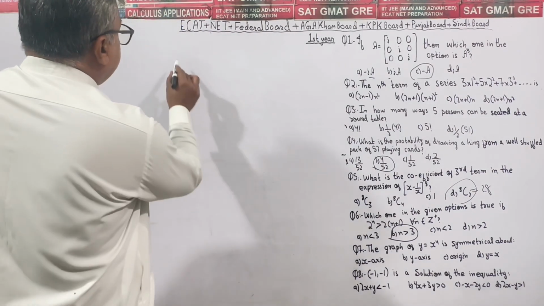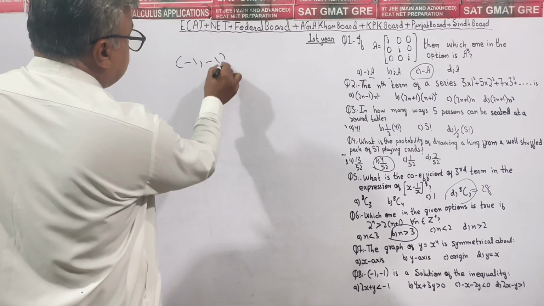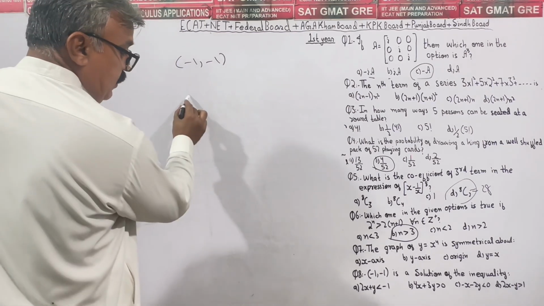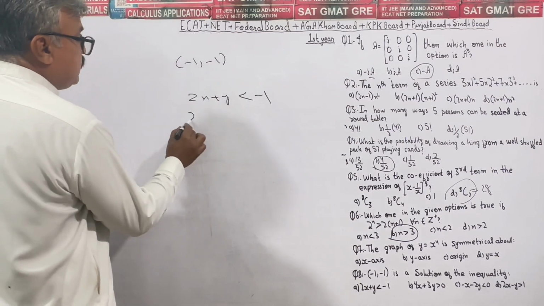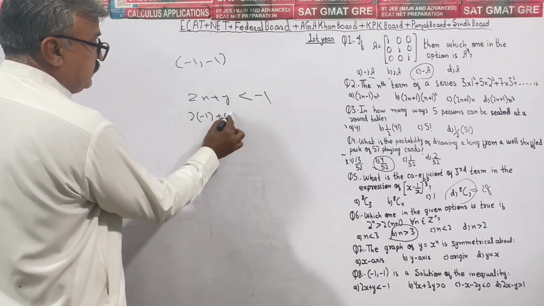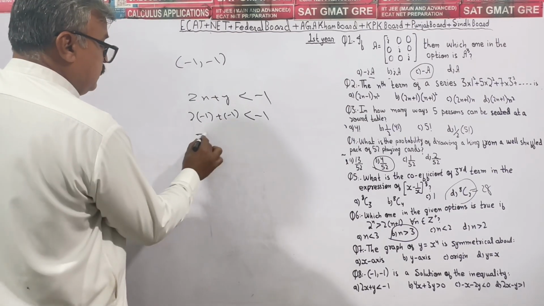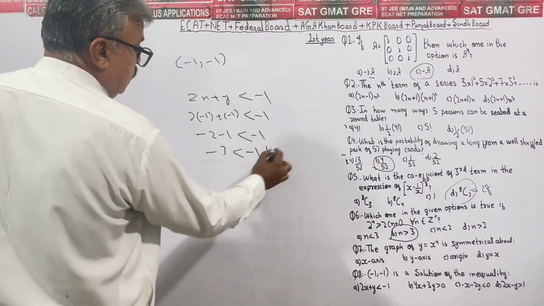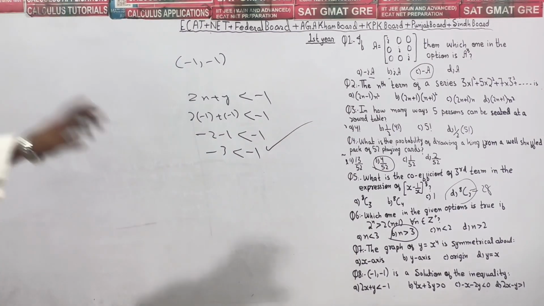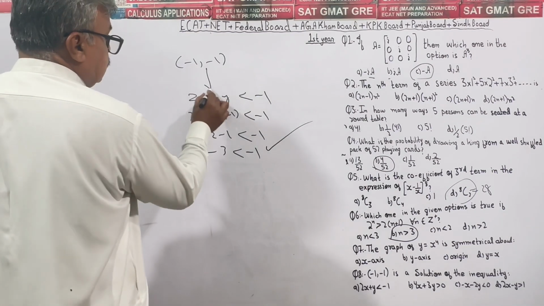Okay, cool. (-1, -1) is the solution of which inequality? Replace x by -1 and y by -1: -2 -1 less than -1, -3 is less than -1. So this is valid, this is the solution of this inequality.